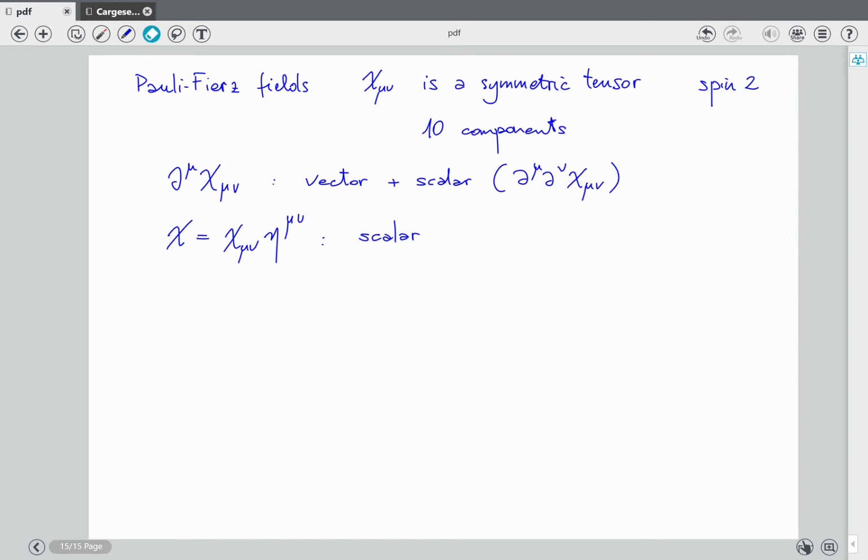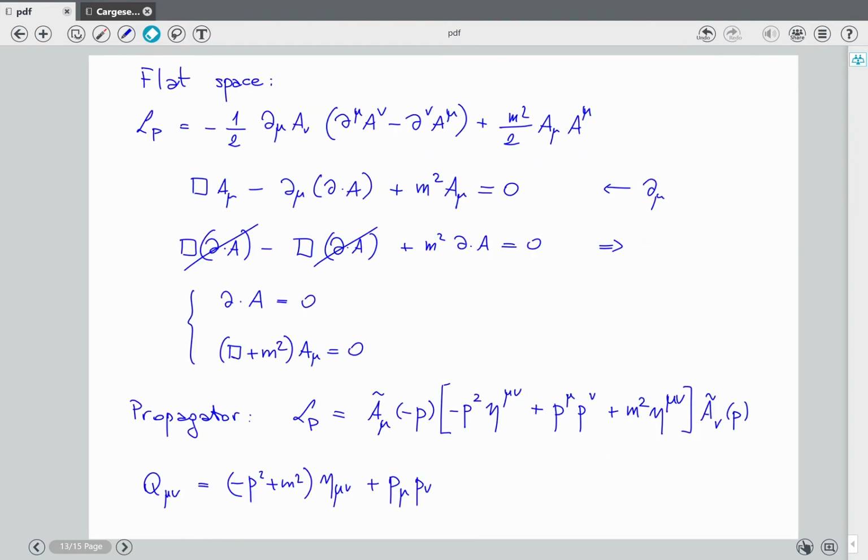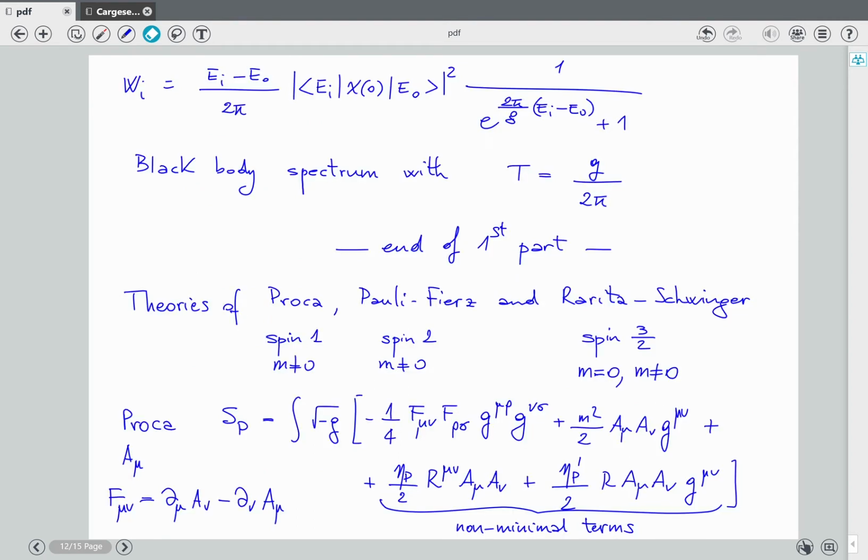And basically what we want to do here with spin-2 fields is to explain the Pauli-Fierz fields in a slightly different way with respect to what we used with the Proca fields, because in the case of the Proca fields we could start from the action. It was easy to guess what the action was. Well, if you want, it's possible to do the same procedure for Pauli-Fierz fields.